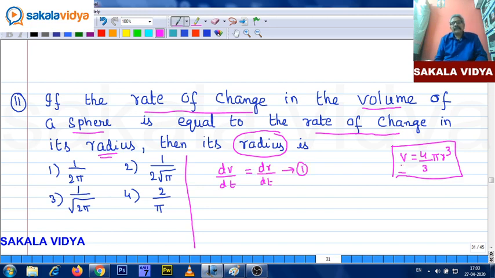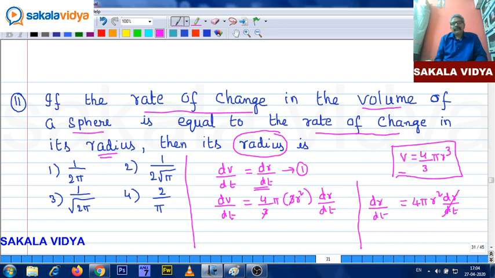Now, differentiate this one with respect to t. dV by dt equals 4 by 3 pi into r cube, differentiation is 3r square, but with respect to t, dr by dt. Now, 3 gets cancelled. We have dV by dt is equal to 4 pi r square dr by dt.